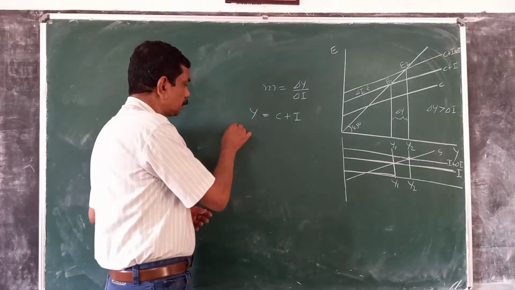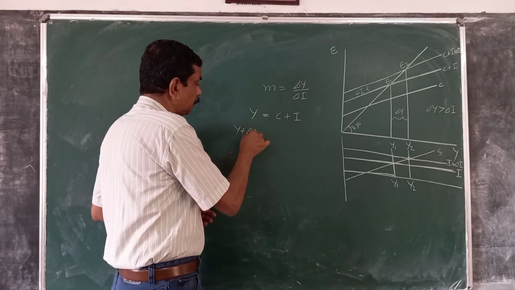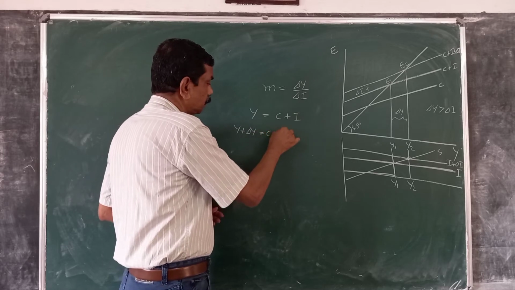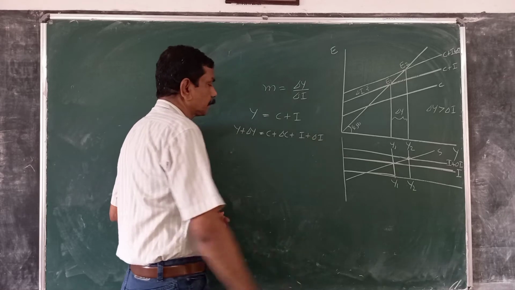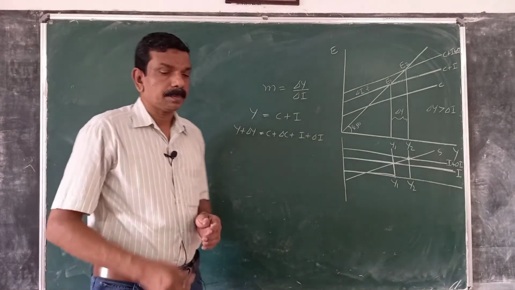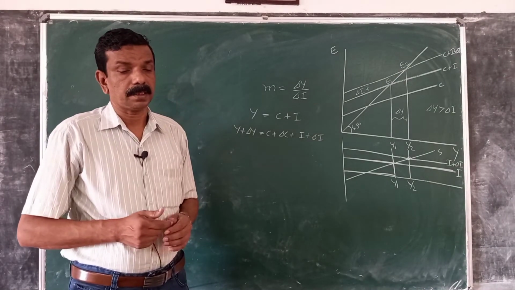This can be written as Y plus delta Y is equal to C plus delta C plus I plus delta I.